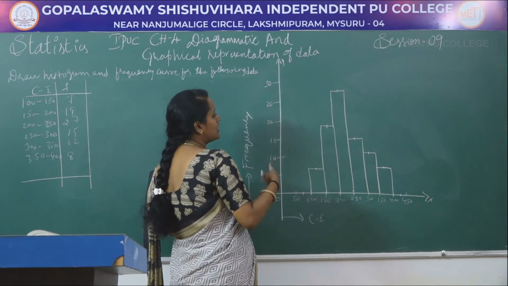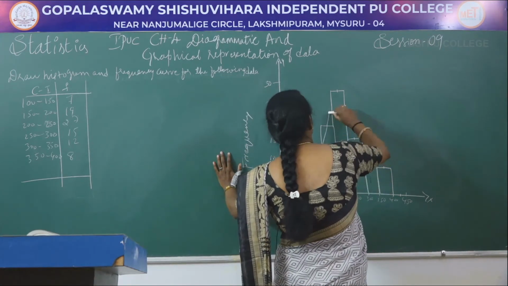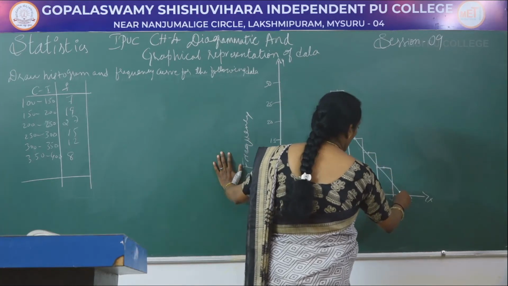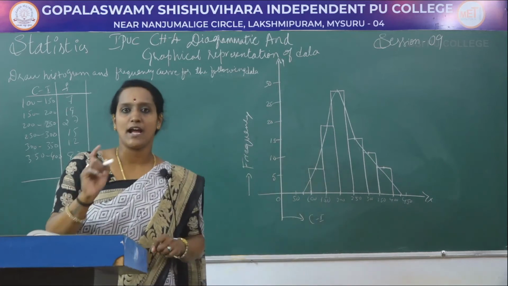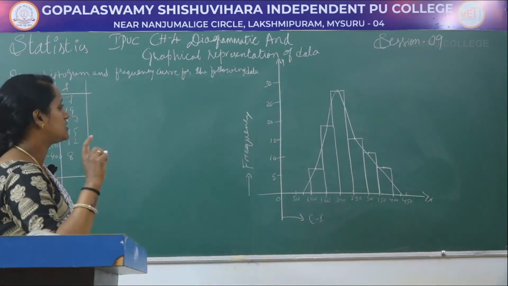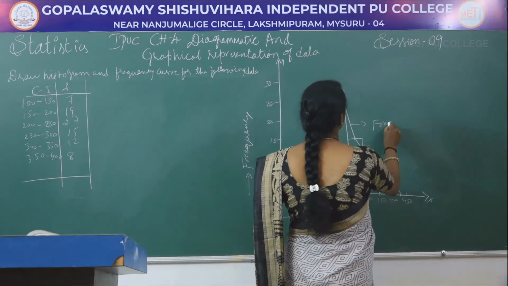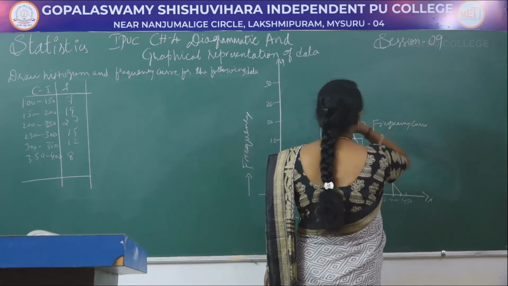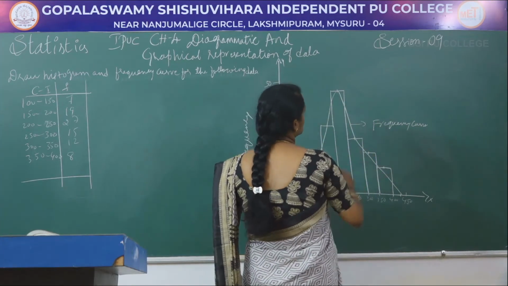Now I should join these points using a freehand curve. It is just a freehand curve. So this is called a frequency curve, or you can show this using dotted lines also.